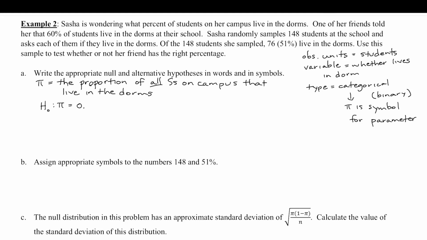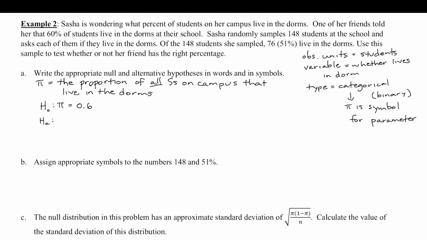What we're going to do is start by assuming that her friend is in fact correct. So we're not assuming that things are due to random chance. We're assuming that the claim made by Sasha's friend is the truth. So we're going to assume in the null hypothesis that in fact 60% of all students on campus live in the dorm.